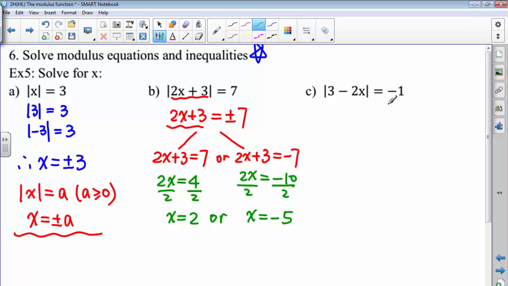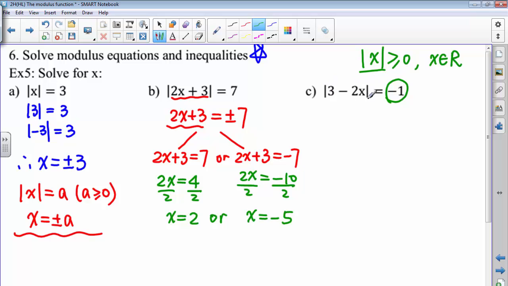Let's look at this one. This one is a little bit different because this side is negative 1. But we know the absolute value of x is always larger than or equal to 0 for all real number values. No matter what the x is, once you put the absolute value on the x value, this absolute value will never be negative anymore.